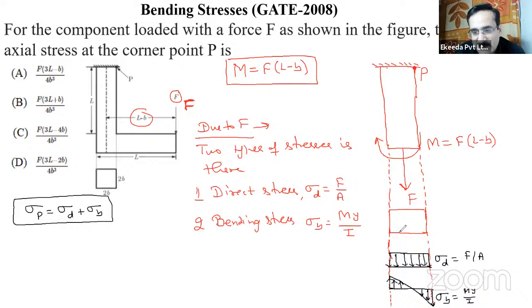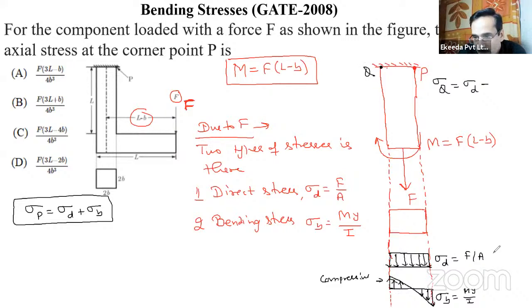the stresses are tensile. And if I take another point Q, so sigma Q would have been sigma D, the direct stress, which is tensile, minus this, which is compressive. Here it is compressive. As you know that the bending stresses on one side are compressive, on another side tensile, right?